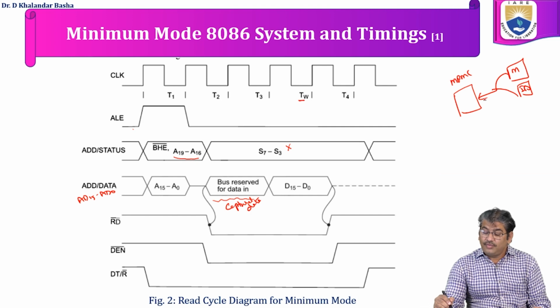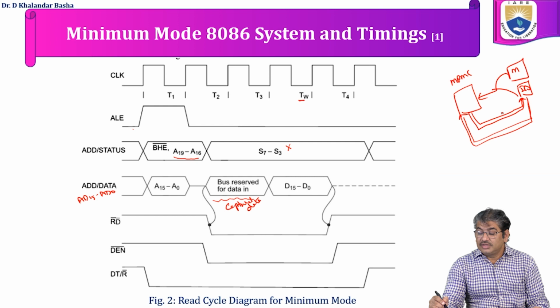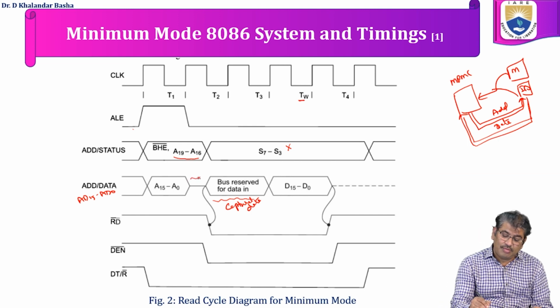Right. Now, the address information will be sent on the AD0 to AD15 lines. The same address and data lines are used for accessing the data when you are reading. So as these address and data lines are using the same signals, for changing the direction of this address and data bus as output mode and input mode, we require some amount of time.